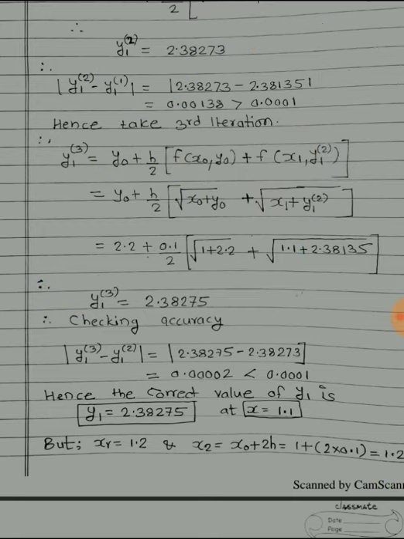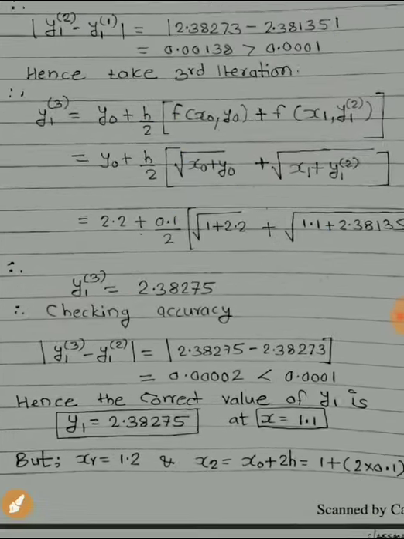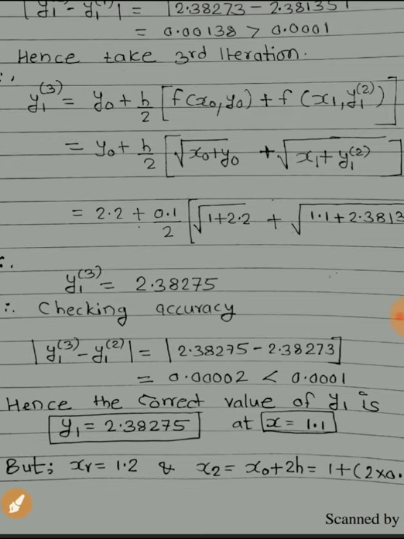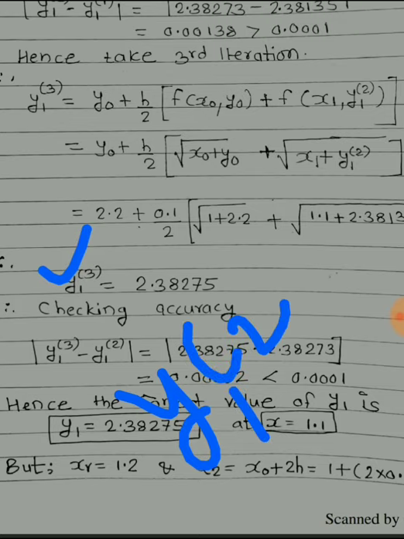So after the third correction we have got this value. Then we check the accuracy. The accuracy is checked with the help of the value we have got recently, the third value after correction, minus the previous value of y1, that is y1 of 2.